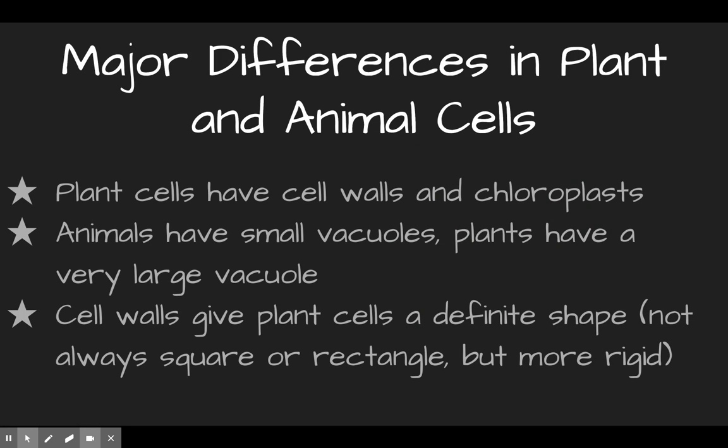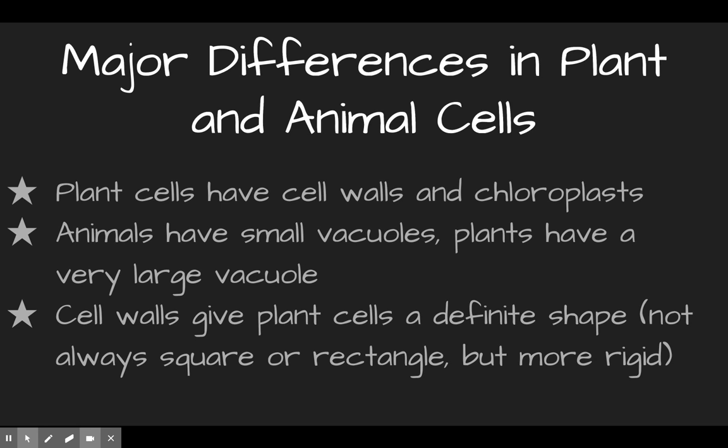So I have talked through these major differences in plant and animal cells as we have gone through, but just to reiterate, the major differences are that plant cells have cell walls and chloroplasts. Those are two structures that animal cells do not have.